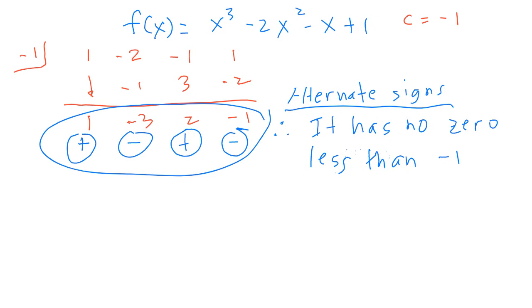Okay, so next we will show you if we assume c is equal to negative 1/2. And we know from the graph that there is a zero in between negative 1 and negative 1/2. So let's try that negative 1/2 in the small box here. Then let's copy 1, negative 2, negative 1. These are the coefficients of the f of x.